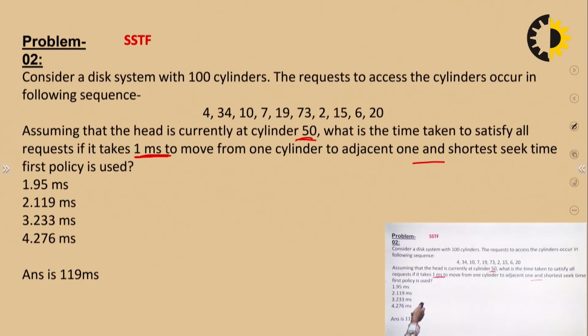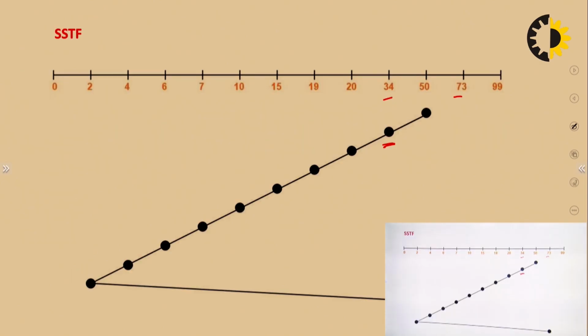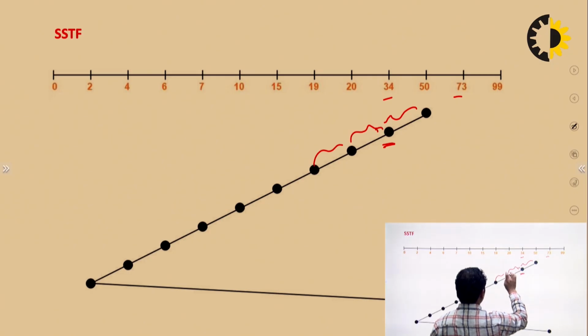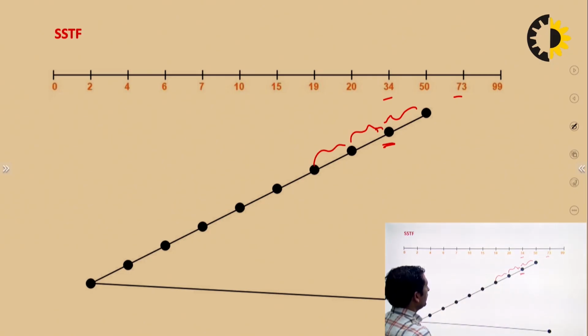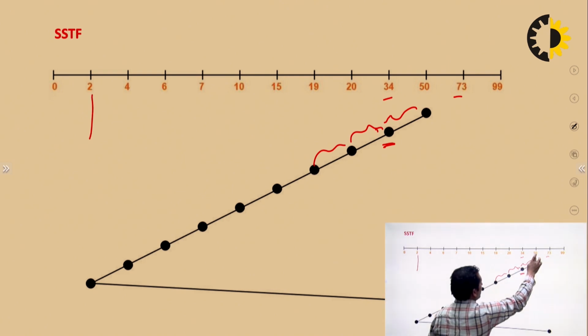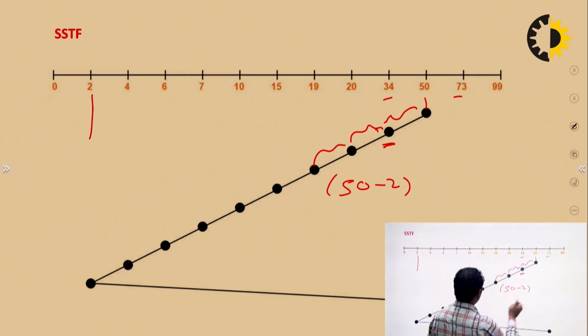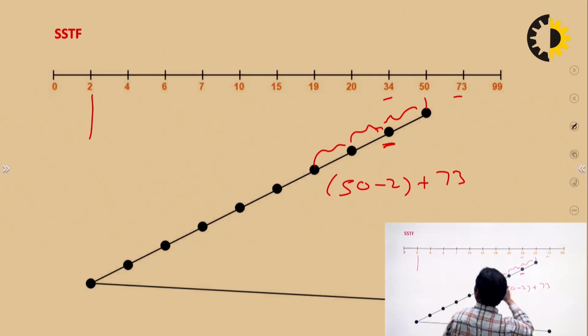Now, how much total movement is there? We can calculate one by one, the difference from this one, then this one, or we can calculate directly from here to here. The last request is 2 and we are moving from this. So total movement is 50 minus 2, which is 48, plus the difference between the last served 73 and 2, which is 71.